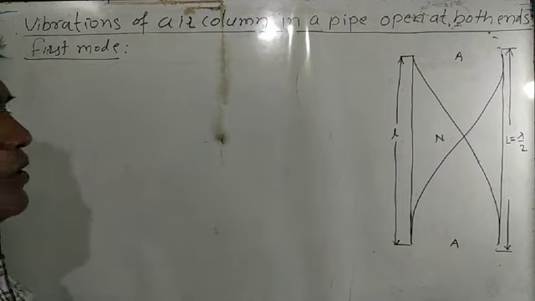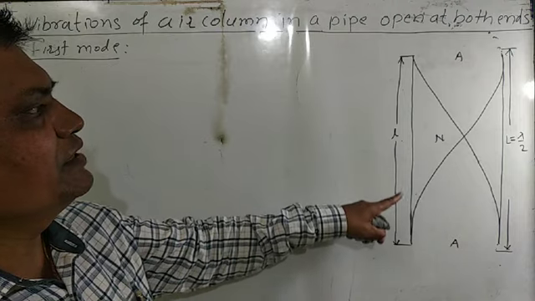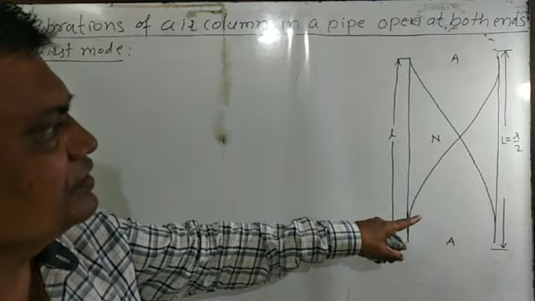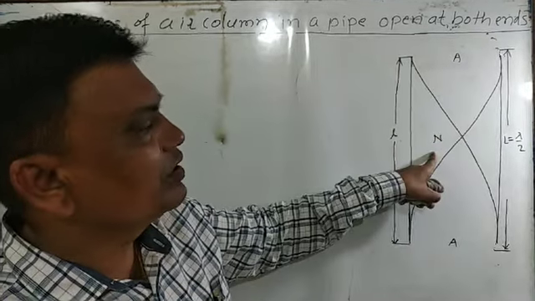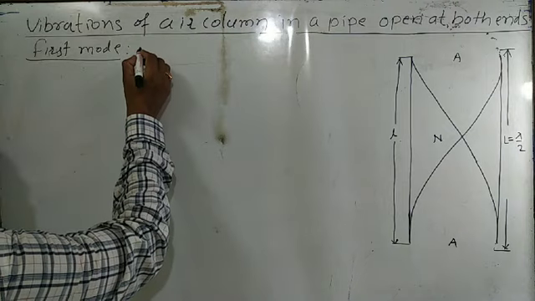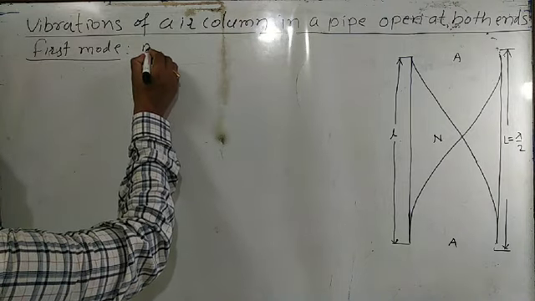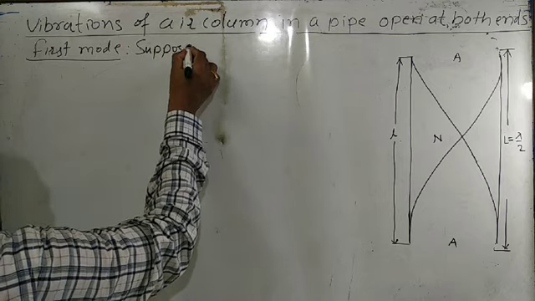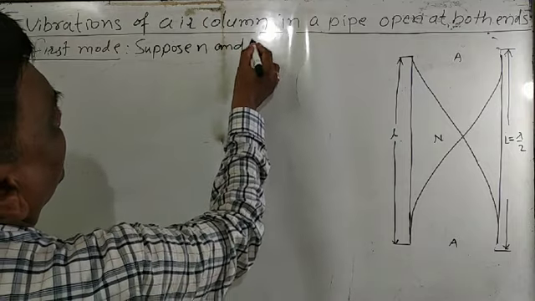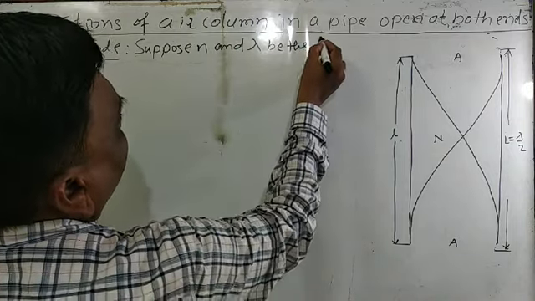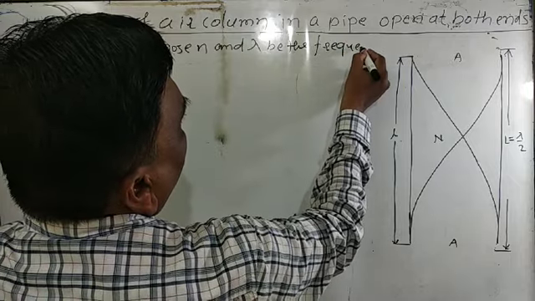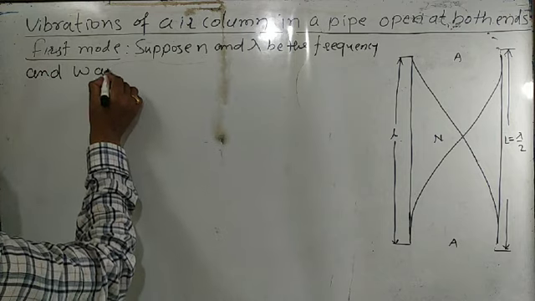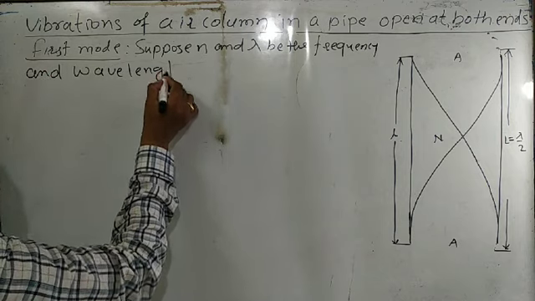Here, the boundary condition of this pipe open at both ends is that there are antinodes at the open end. So in this case there are two antinodes and one node. Let n and lambda be the frequency and wavelength respectively.